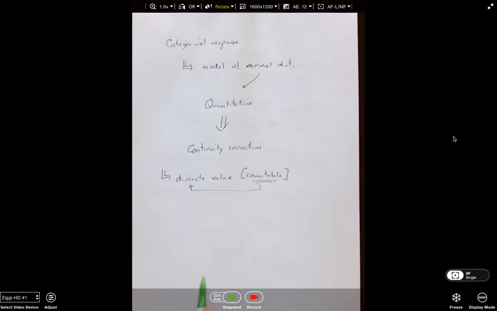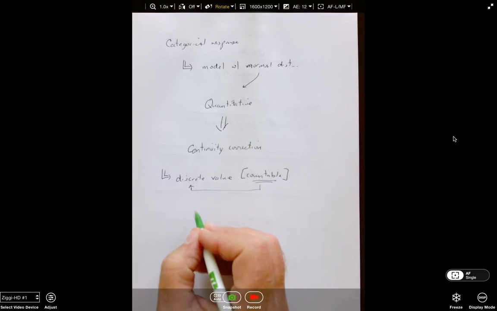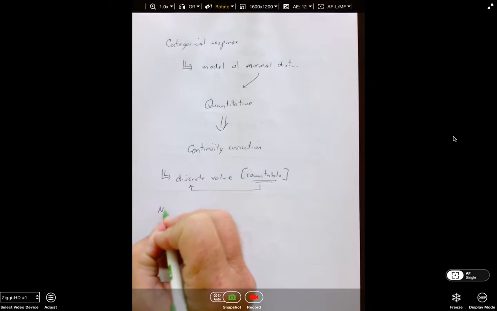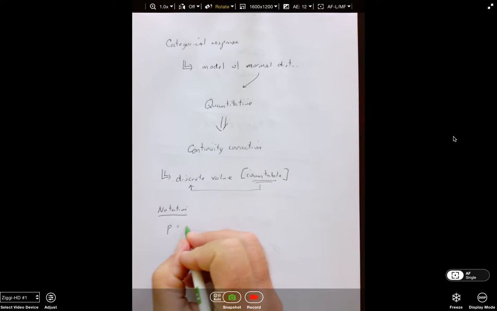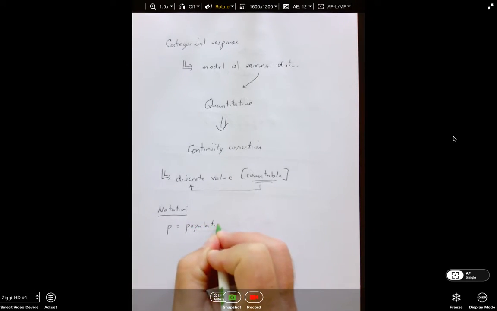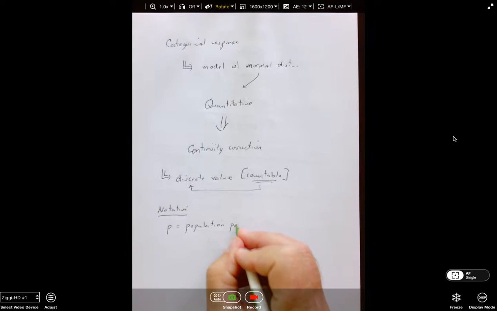Well, when we have a discrete distribution like this, we have to implement what's called a continuity correction to turn this thing into a continuous variable. And it's really easy. Let's just talk a little bit about the notation right now. First of all, p is the population parameter.